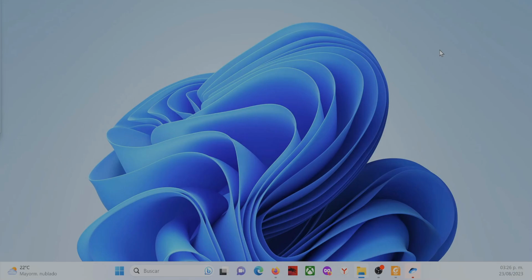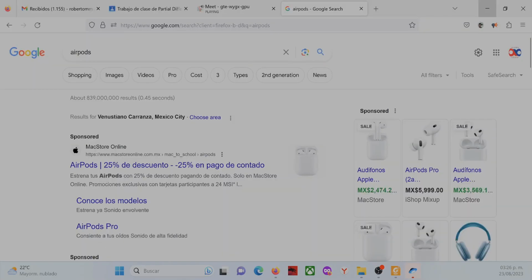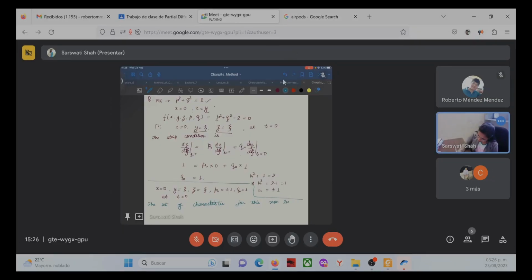It means we have two sets of initial data. Now we have to verify which one is giving us the solution and which one is not. It might be possible that both are going to give us the same solution, so it will not matter. But if p naught equals 1 is giving us one solution and p naught equals minus 1 is giving us another solution, then we will also do that.